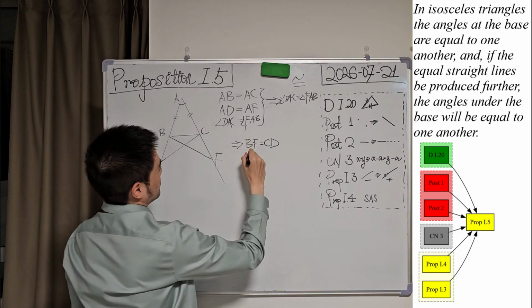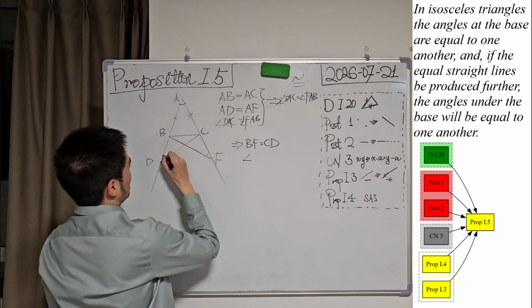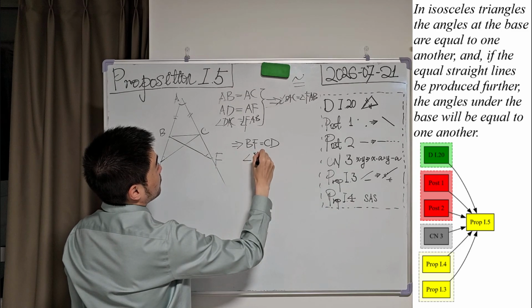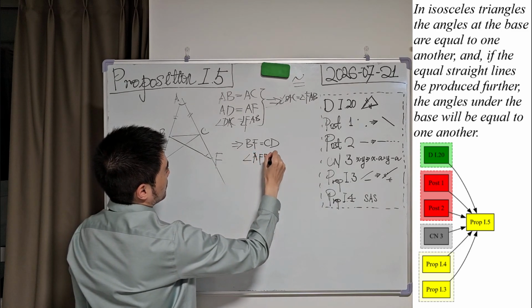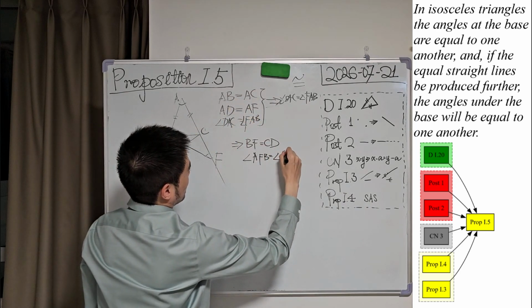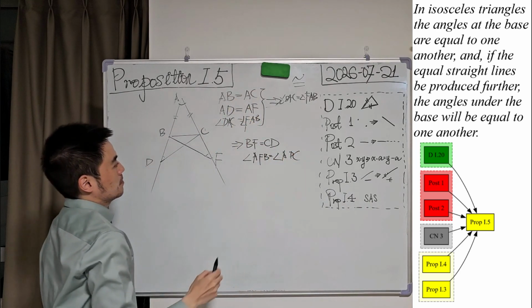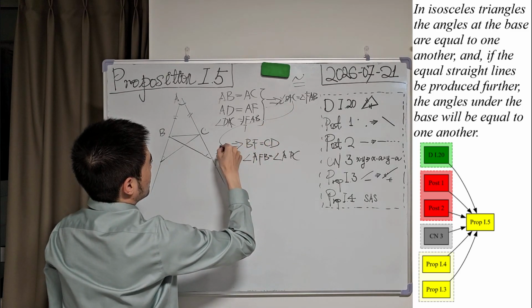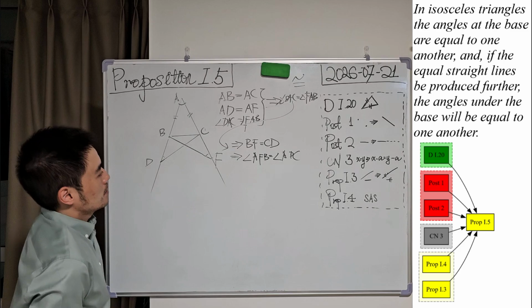So we have this angle and this angle, they are equal. Angle AFB equals angle ADC. Great.